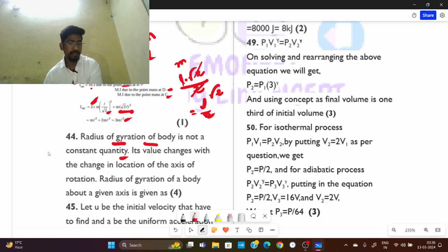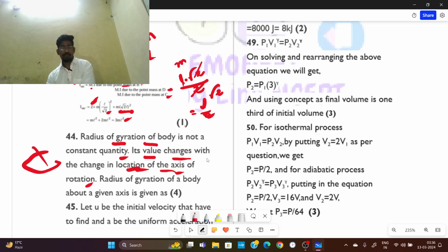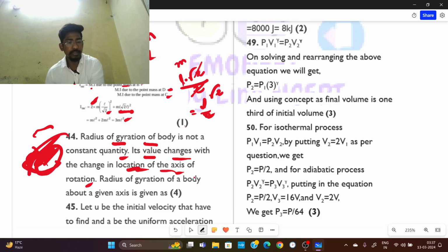So you can say that the radius of gyration of the body is not a constant quantity. Therefore the assertion is incorrect.